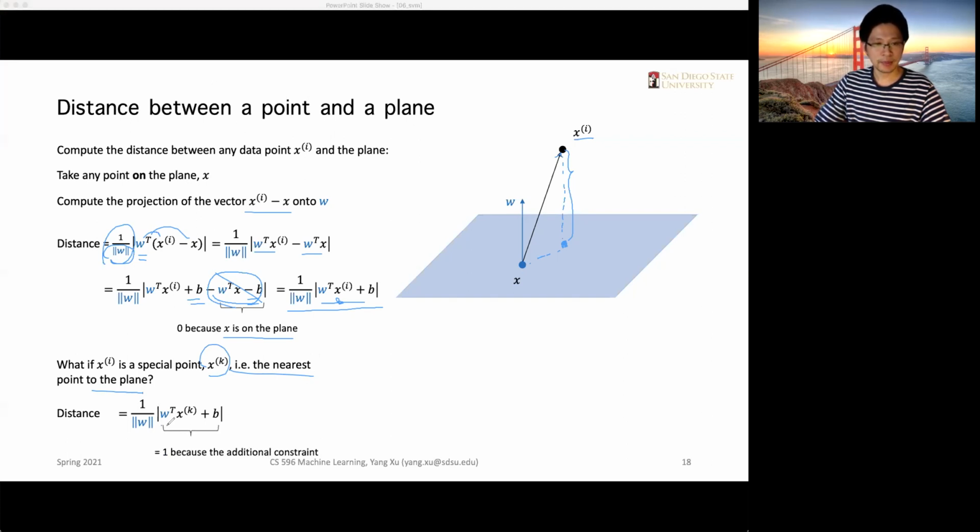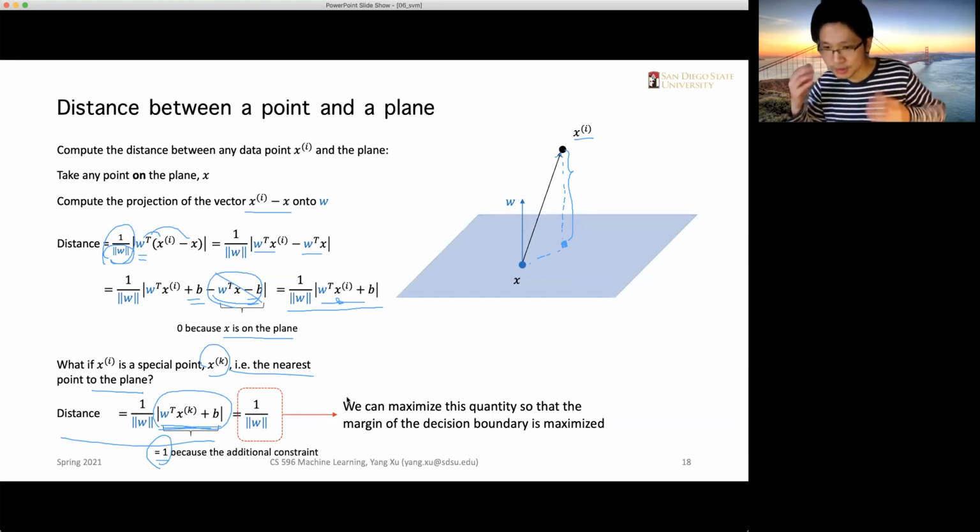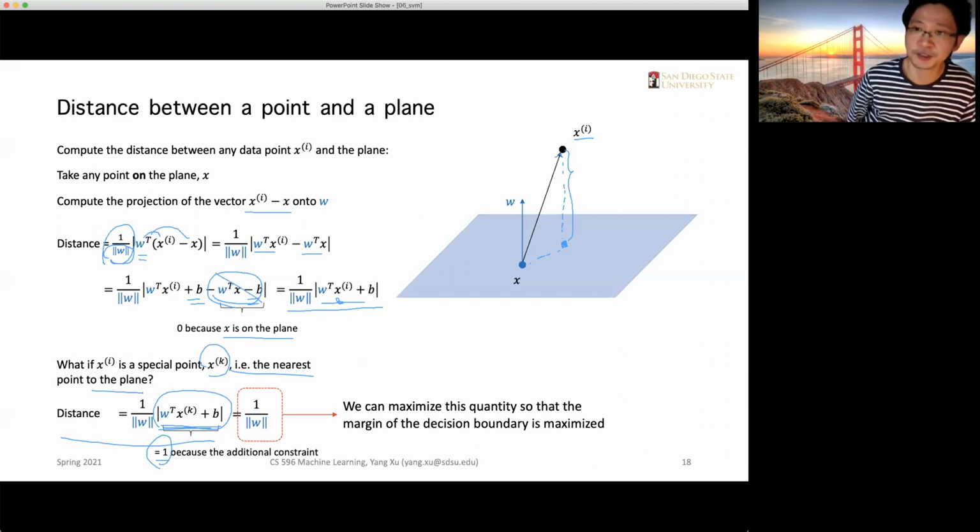So the absolute value for this one is 1. Remember our additional constraint, right? We arbitrarily decide that for the nearest point, this absolute value should be 1. Then the expression of distance is further simplified into 1 over the norm of w. Okay, so it's really simplified now. It's a really simplified objective function.